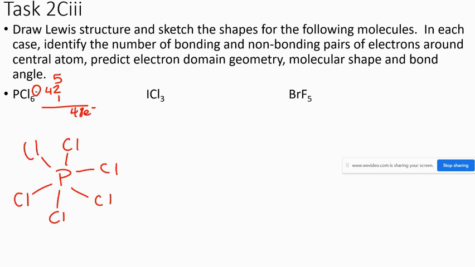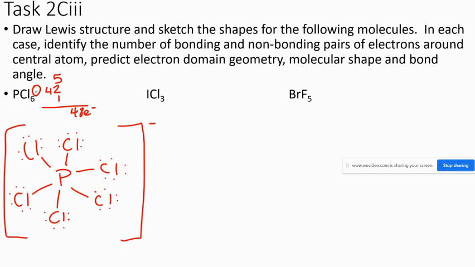Okay. Counting up the rest of the electrons, 48. Done. Yes? Do you need to put that box around it? Yes.